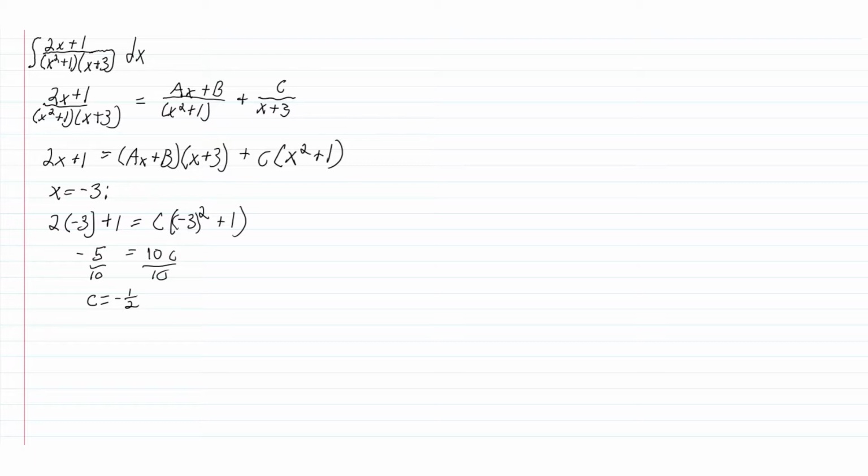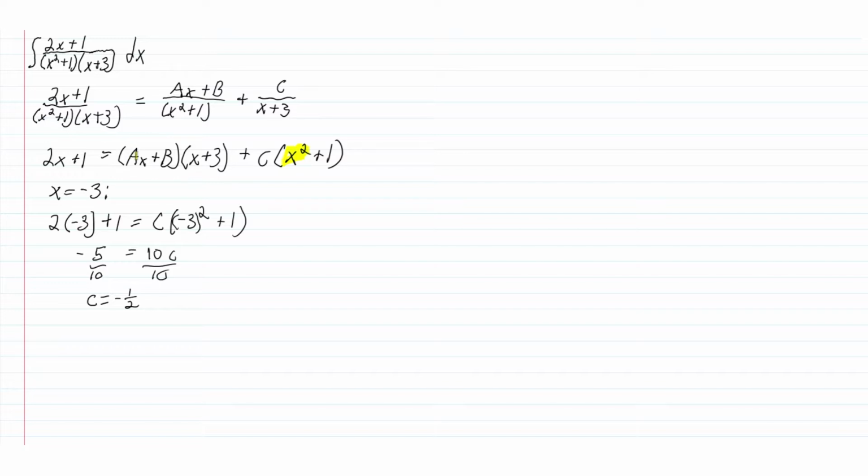All right, so since we can't make any clever choices for x that'll make c go away, and either one of a or b, what we can do instead is look at what these terms have in common. So if we look, our highest power of x is x squared. So we know we're going to have a cx squared.